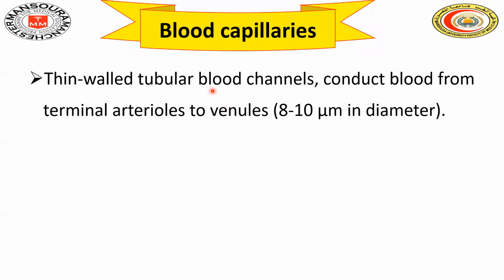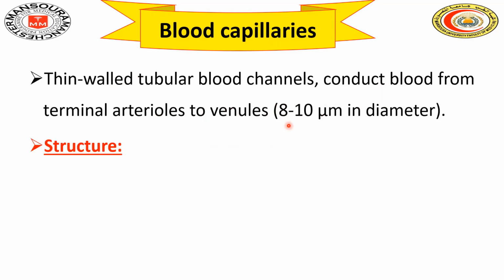These capillaries conduct the blood from terminal arteriole to terminal venule. So here is the site. The capillary is present between a very small artery called arteriole and a very small vein called venule. Its diameter ranges from 8 to 10 micron. This is the range of the diameter of the blood capillaries.